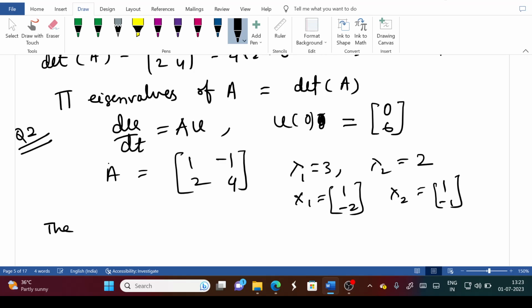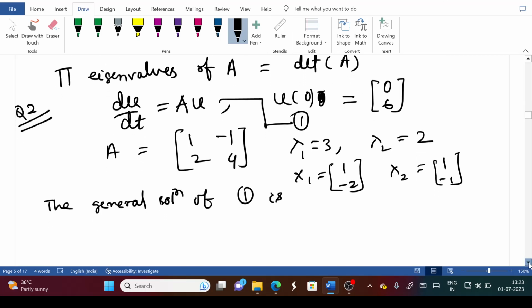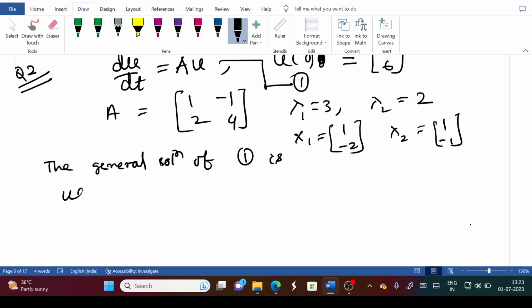The general solution of 1 is how much? u(t) is equal to C1 e^(3t) (1, -2) plus C2 e^(2t) (1, -1).